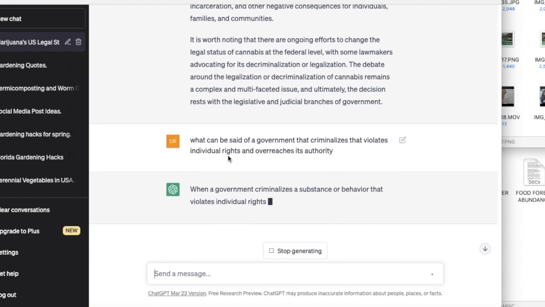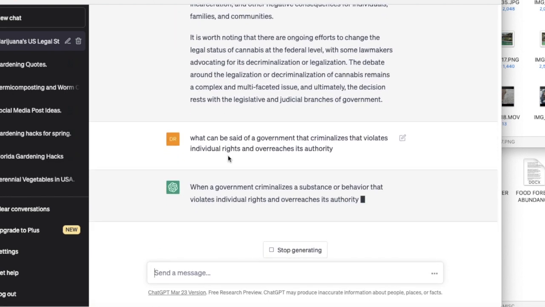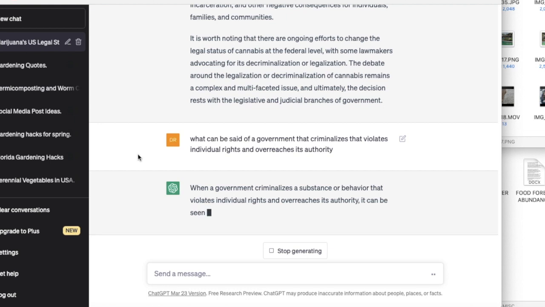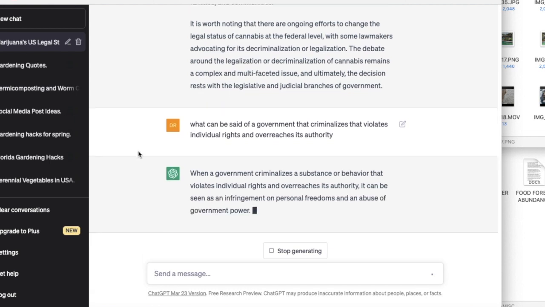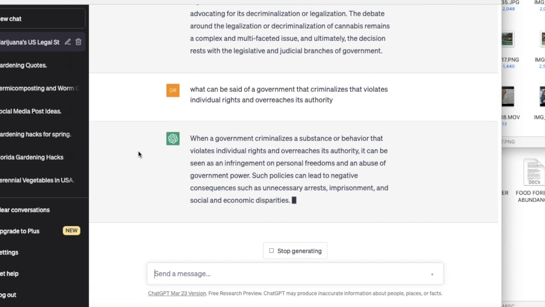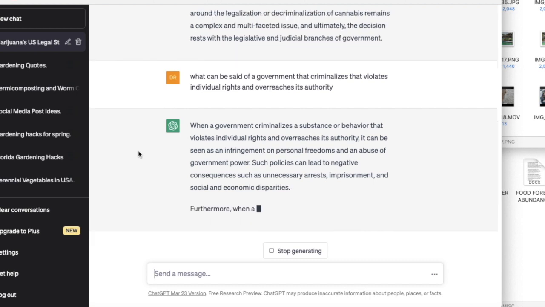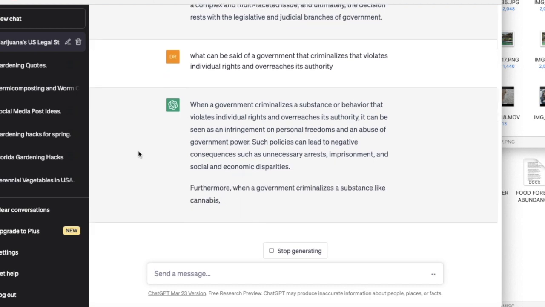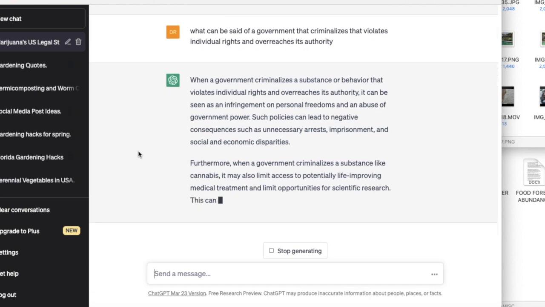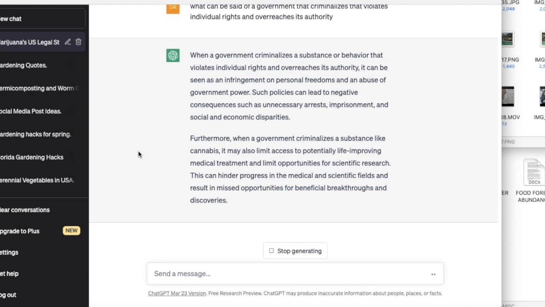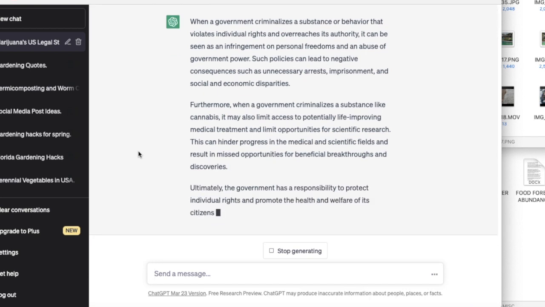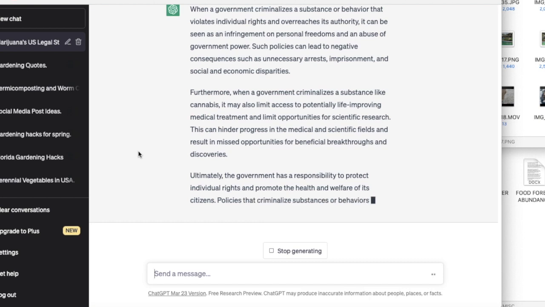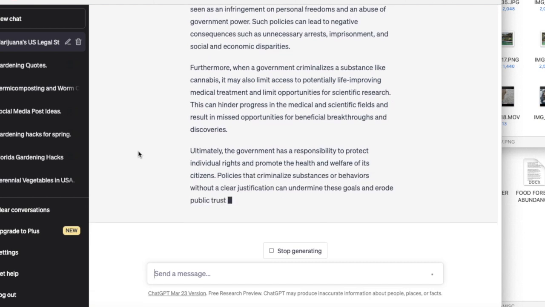When a government criminalizes a substance or behavior that violates individual rights and overreaches its authority, it can be seen as an infringement on personal freedom and an abuse of government power. Such policies can lead to negative consequences such as unnecessary arrests, imprisonment, and social and economic disparities. Furthermore, when a government criminalizes a substance like cannabis, it may also limit access to potentially life-improving medical treatment and limit opportunities for scientific research.